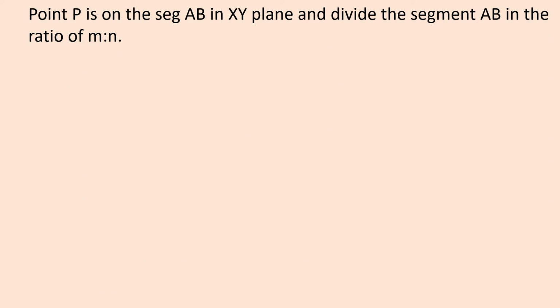Let us take point P on segment AB in the XY plane. Here is the segment AB whose endpoints are A and B, and point P is lying on segment AB in such a way that it divides segment AB into two parts, segment AP and segment PB, two different segments.